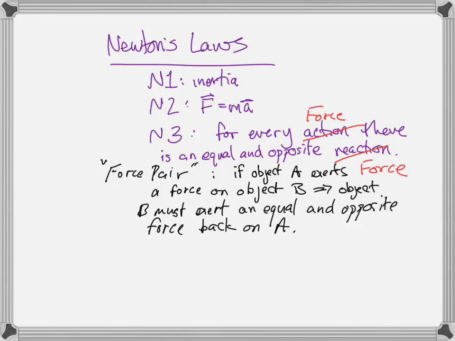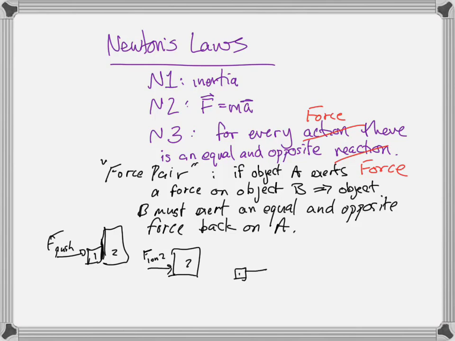So what I mean, for example, is if I have two boxes and they can be different masses and we are pushing on the two boxes, there are forces between the two boxes, 1 and 2. Because boxes 1 and 2 are in contact with each other, there are normal forces on those boxes, and box 1 exerts a force on box 2, F1 on 2, and therefore box 2 must exert a force back on box 1.